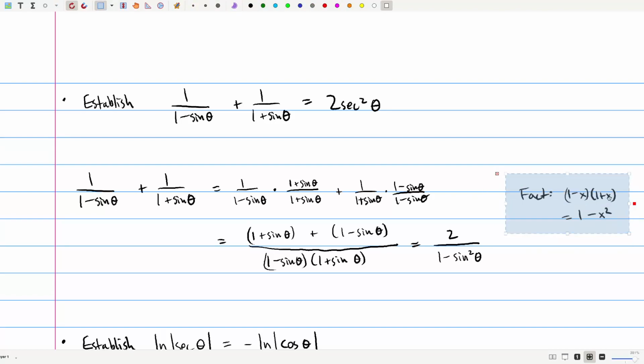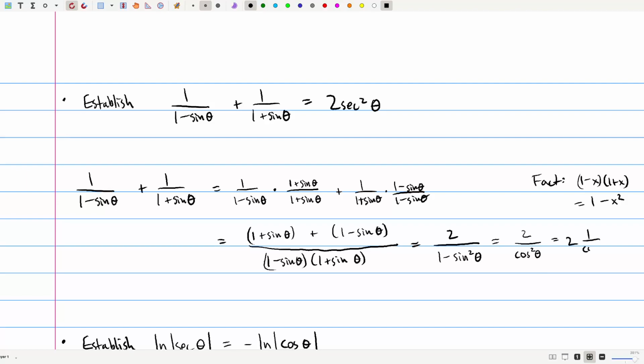So 1 minus sine squared is cosine squared. Let's pull the 2 out and write it like this. This is 2 secant squared theta. That is exactly what we wanted to get. So we've established that this identity is true by going through these algebraic rules.